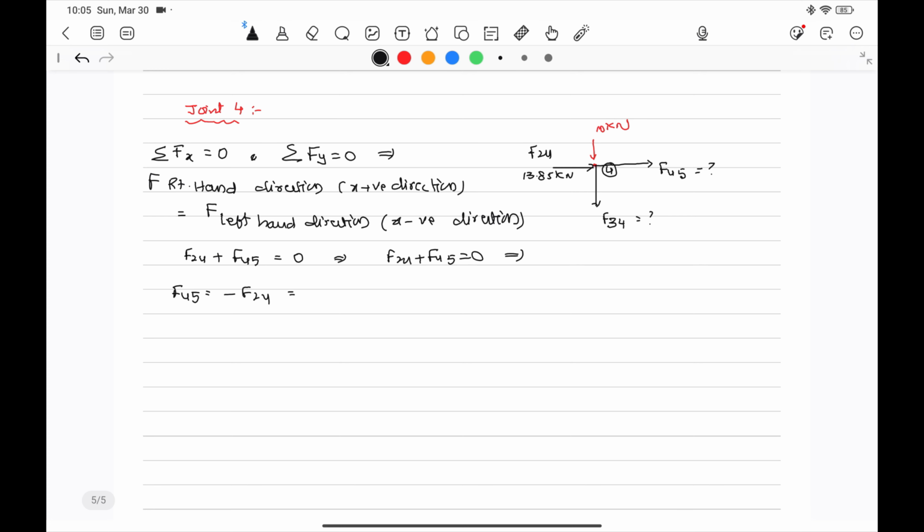What is the F24 value? Numerical value is 13.85. That means it will be minus 13.85 kilonewtons. If it is minus, our assumed direction is wrong, and the correct direction is like this.